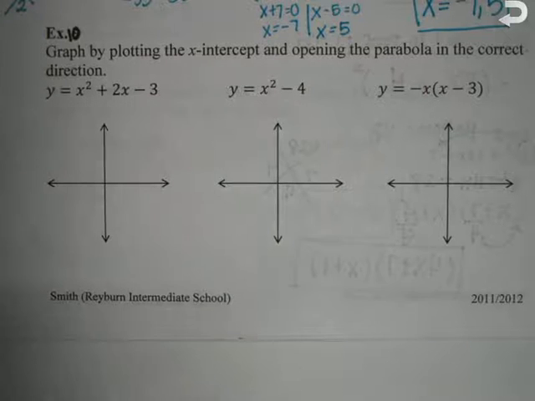So, yesterday we were solving equations by factoring, but we do need to know how to graph these things as well.